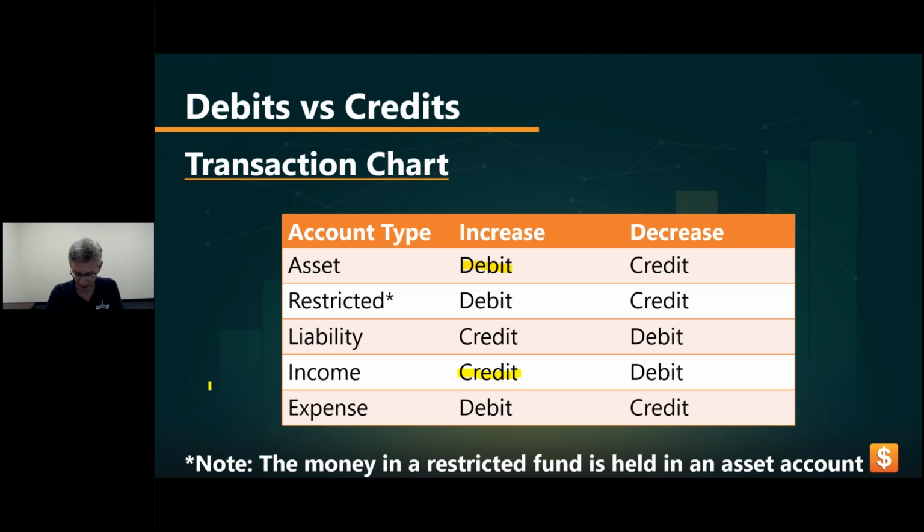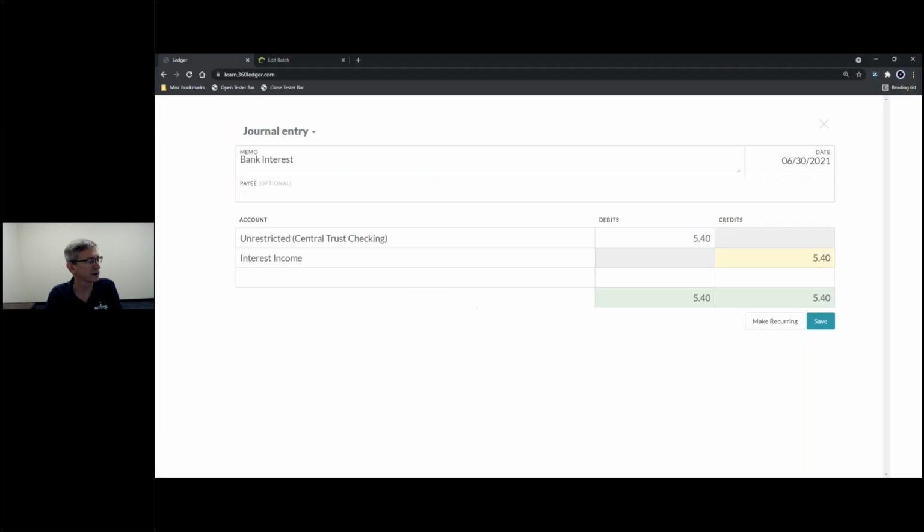All right, so let's go back to our transaction. In the case of bank fees, if there was a bank fee that we were doing, let's go ahead and remove these amounts. Let's say a bank fee, we would want to decrease our assets.